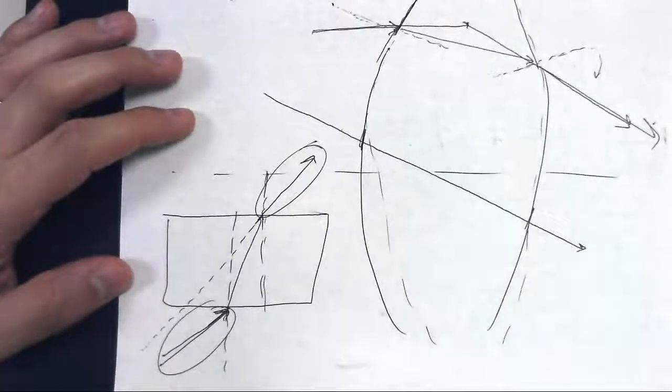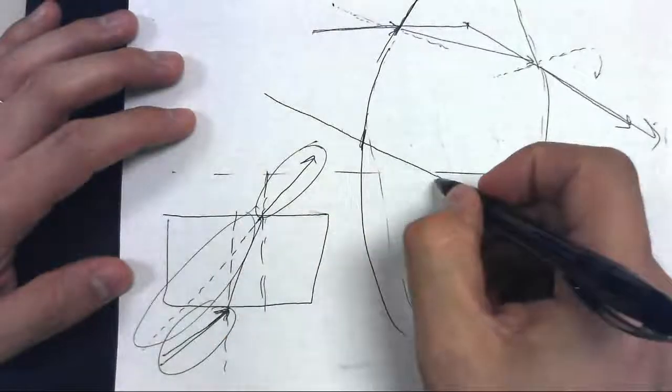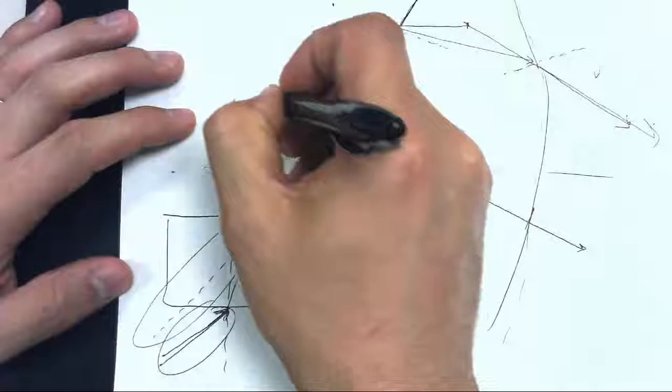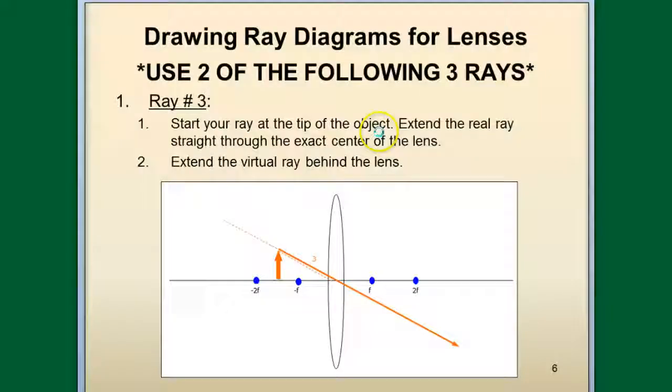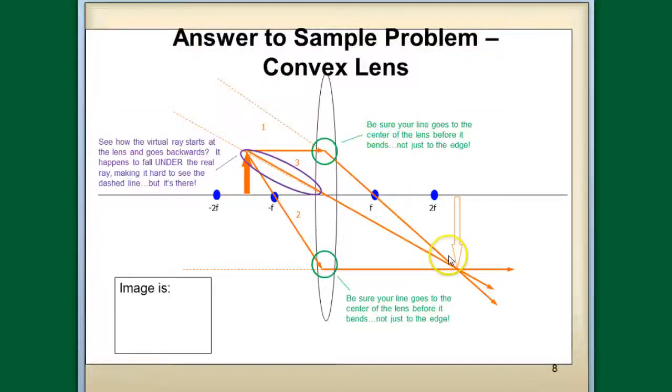With a thin lens, that's not very much, it's very negligible, but we need to realize it is a refracted ray, so we do draw the virtual ray coming back behind like that. So it is refracted just a little bit. So the end result of this, you should have an image that looks like this. It gives us a real image because the real rays are crossed, the image is inverted, and it happens to be magnified in this case.